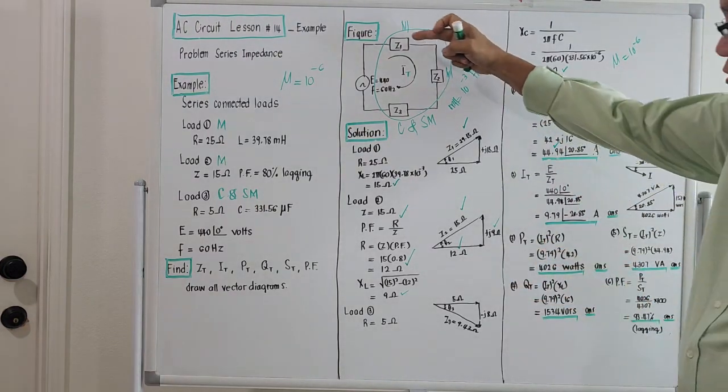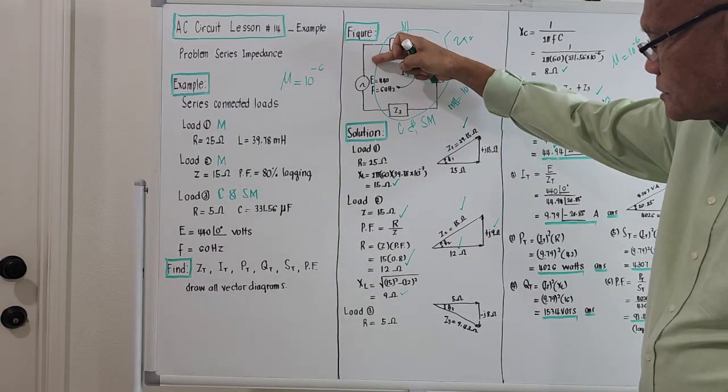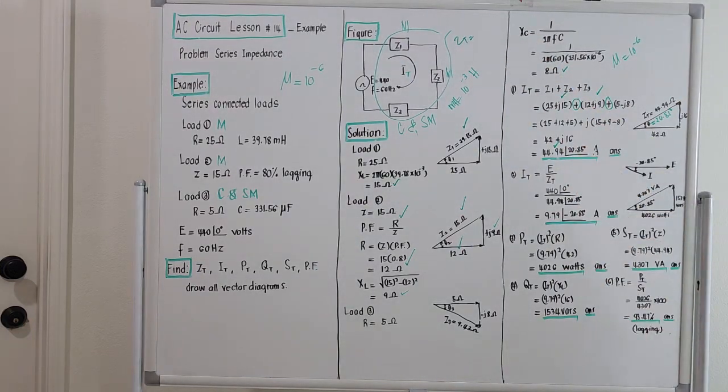So after compressing Z1, Z2, and Z3, to take the total current, just take the applied voltage divided by the value of the total impedance. So the total current will be 440 angle 0 degree over 44.94 angle 20.85 degrees. Polar form, okay? 440 over 44.94 will be 9.79 and 0 minus 20.85 will be negative 20.85 degrees.